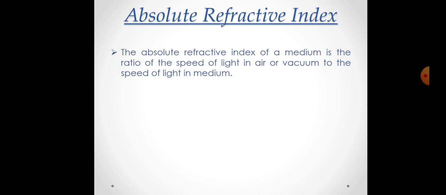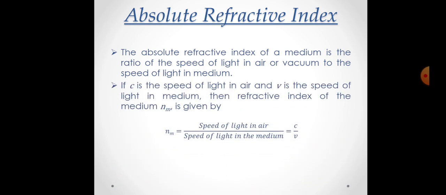So the absolute refractive index of a medium is the ratio of speed of light in air or vacuum to the speed of light in the medium. If c is the speed of light in air or vacuum and v is the speed of light in the medium, then the refractive index of the medium nm is given by speed of light in air divided by speed of light in medium, that is c by v.